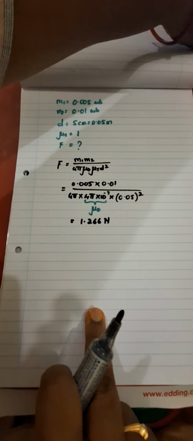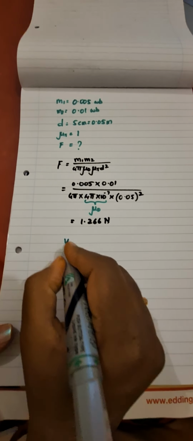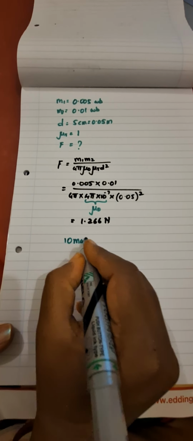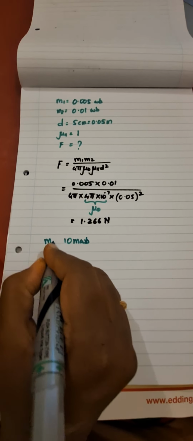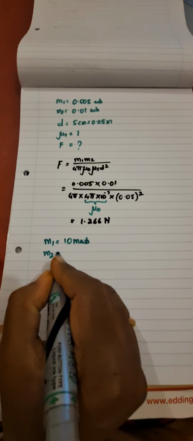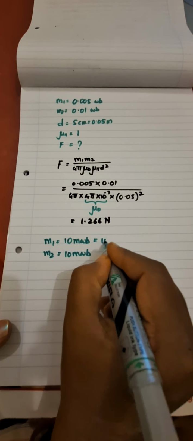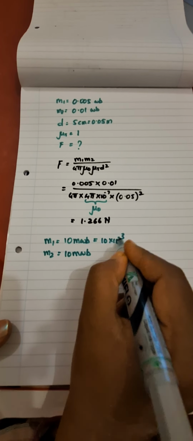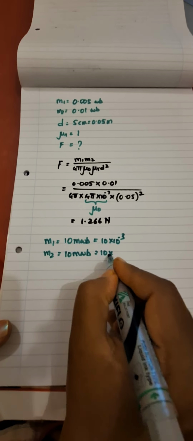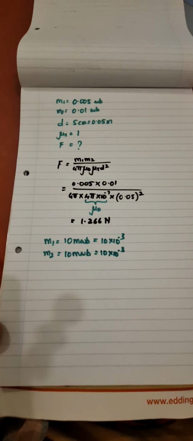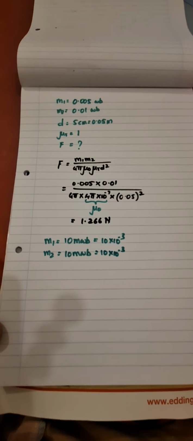So let's try to do another problem. The question is saying two magnetic poles, each of pole strength 10 milliwebers. Each of means m1 and m2 are both the same. As milli is given, we can write it as 10 into 10 power minus 3, so this is also 10 into 10 power minus 3.